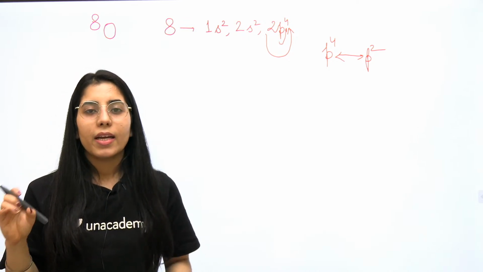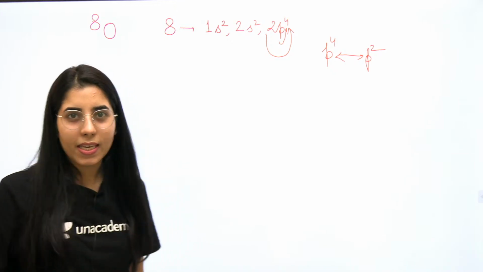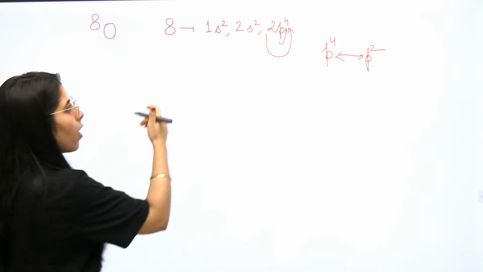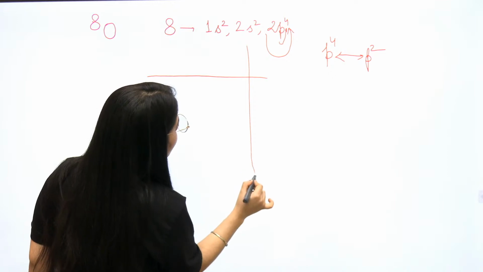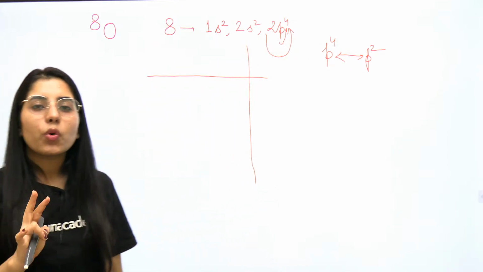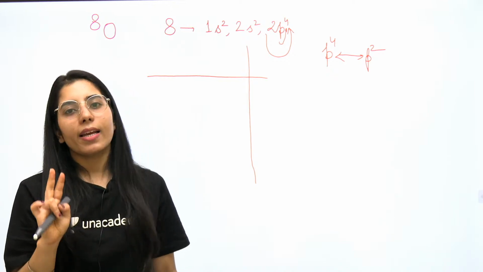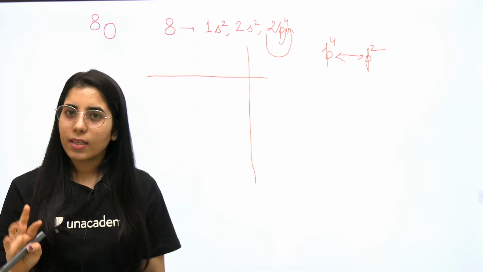Let's talk about it. Instead of considering p4, it's better to take p2. It works well for the 2 equivalent electrons case.